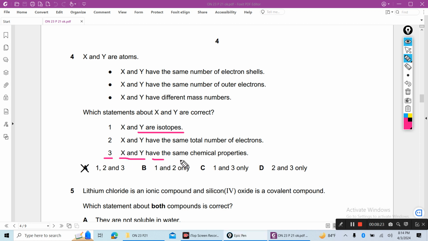X and Y have the same chemical properties. This is also true because X and Y have the same number of outer electrons. Chemical properties depend upon the number of electrons in the outer shell. So A is the right answer: 1, 2, 3 are all correct.